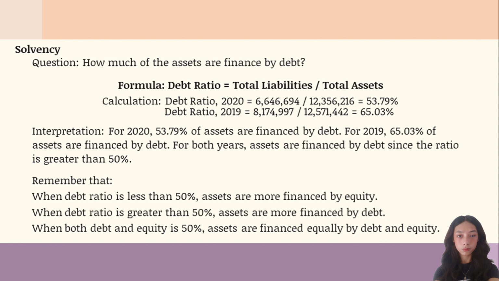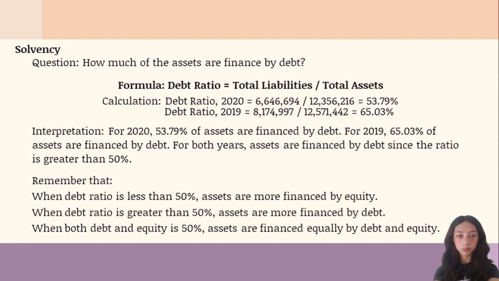In 2019, the debt ratio was calculated similarly. Total debts is 80,174,997 divided by total assets, which is 12,571,442, resulting in 65.03%.